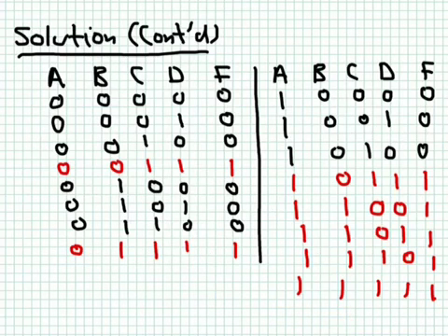So I plotted the truth table and I showed one part of it here to the left and the other part to the right. These are the 4 inputs and this is the output F. You can see every time when C and D are both true, then the output from the AND gate is true, then F will be true. So this happens here and this happens here. Every time when A and B are true, then the output from the AND gate will be true and then F will be true.